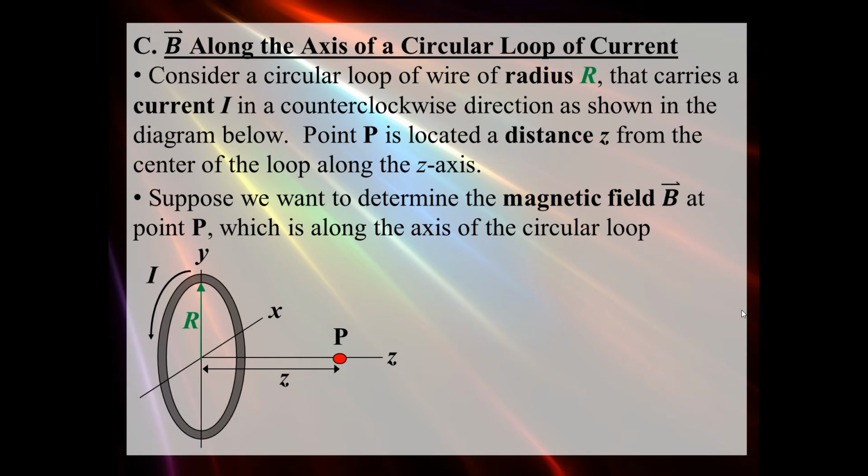What we want to do is figure out the magnetic field due to the entire ring that has current moving through it, at point P, which is along the z-axis that passes through the center of the ring.